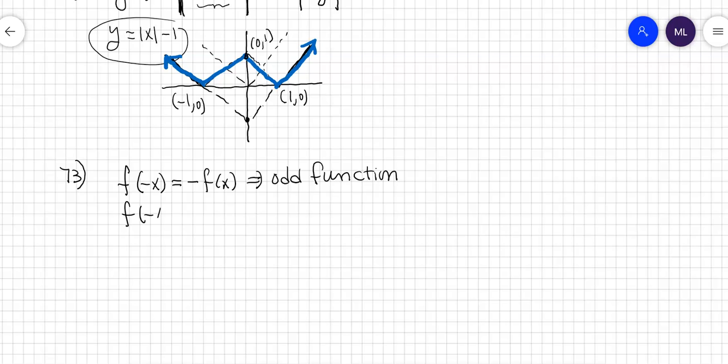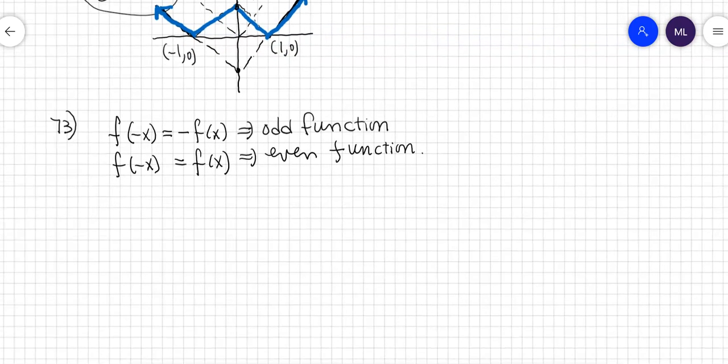F of -x equal f of x, we call it even function. So let f of x equal, say, sine of x. Sine is an odd function. Why?